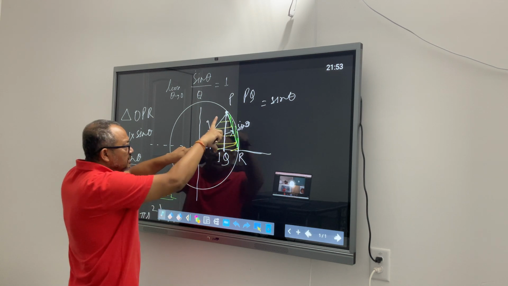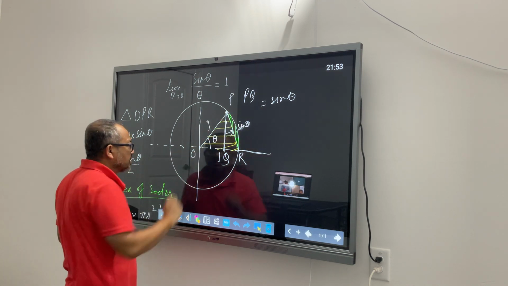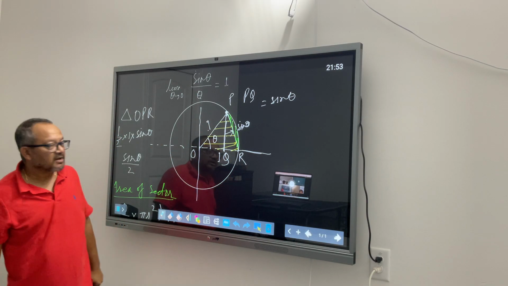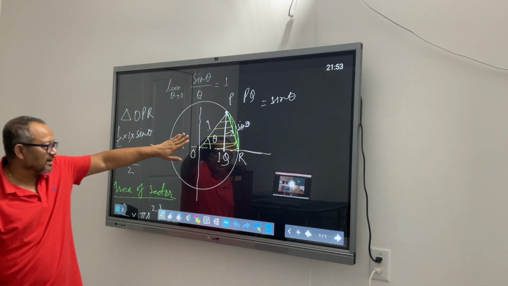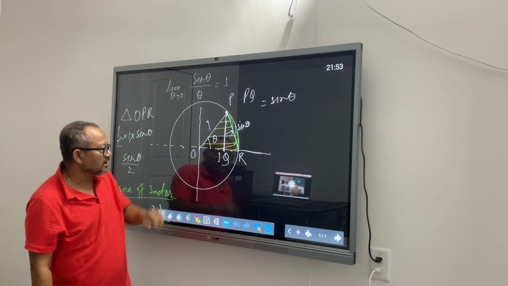So sine of theta is PQ by 1. That means PQ is equal to sine of theta. So we found this length as theta over 2 pi, not theta over 2. I'll come to that, okay? I'm just teaching my story from the beginning. So we found this length as sine of theta.